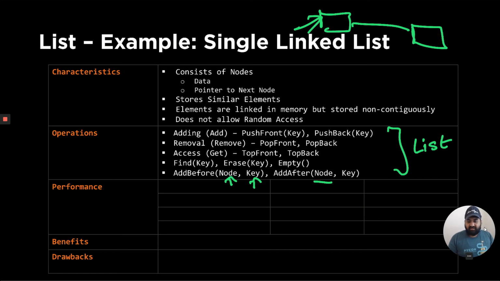In this case, a lot of APIs actually pass in iterators. We are going to discuss iterators very soon. You pass in the key, and you create a new node with this key value, and you add this node right after the node that you are passing into this function.